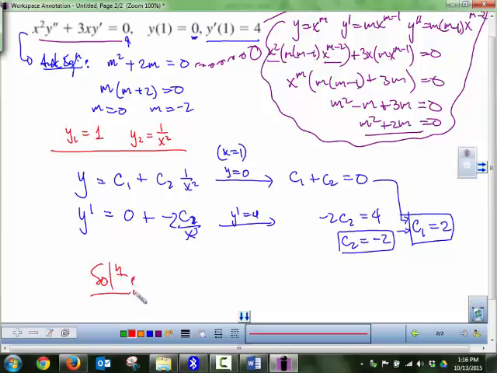So I'm not going to put general solution. I usually put general solution with a C1 and C2, but this is a solution to an IVP, and I have already solved for C1 and C2. So I'm just going to say solution y is equal to C1 is 2, and then C2 is negative. Oh, but there's a negative. No, there's not a negative. So minus 2 times 1 over x squared.